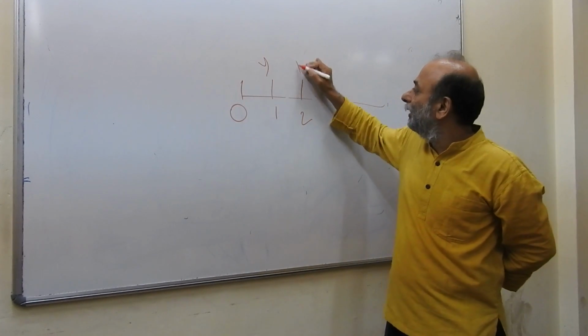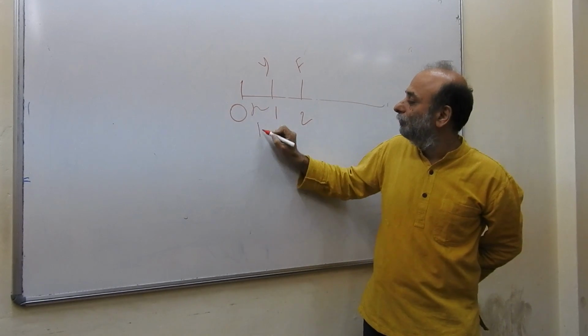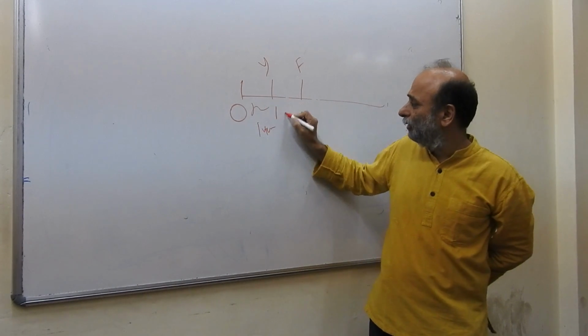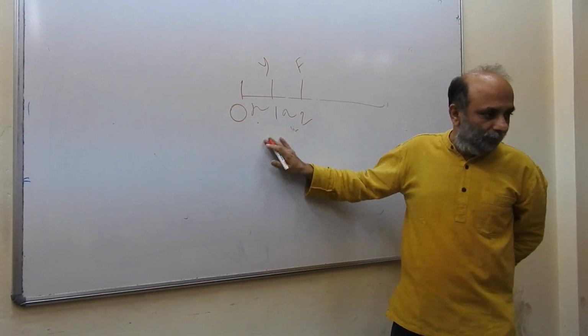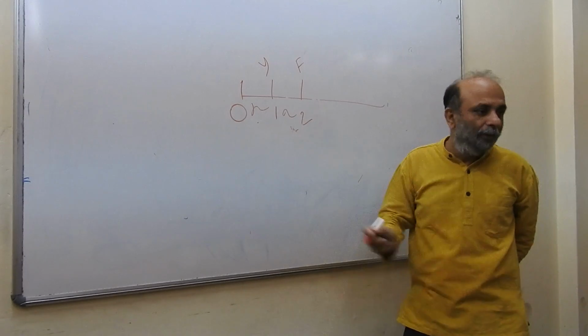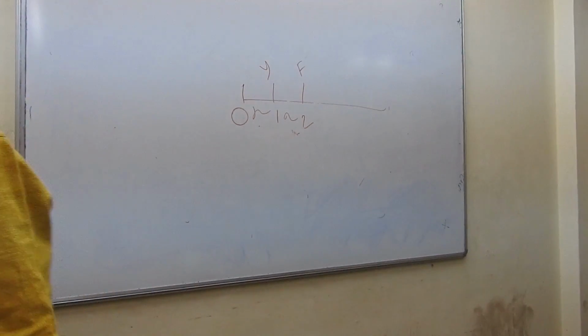You live here, your friend lives here. So this distance is 1 kilometer. Okay? Sure? On the milestones. Now if I ask you, what is the distance of your friend's house from your house?